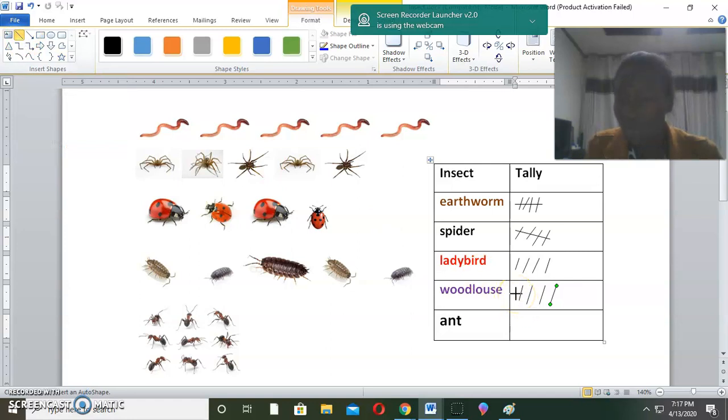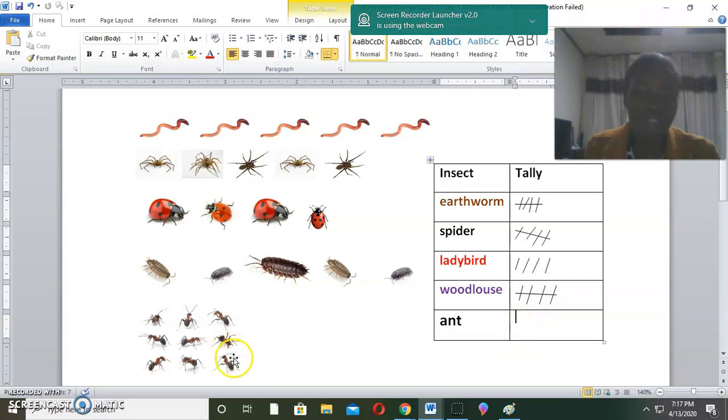So when we reach 5, we draw a line moving across 5 like that. Okay, now we are at the last one, the ants. Let's count. 1, 2, 3, 4, 5, 6, 7, 8, 9. Okay, so these are 9. Let's see. What are we going to do this time?